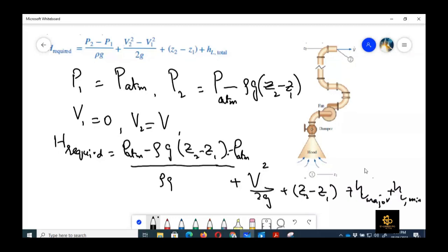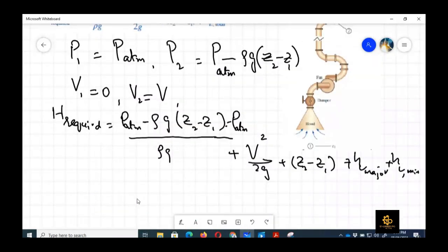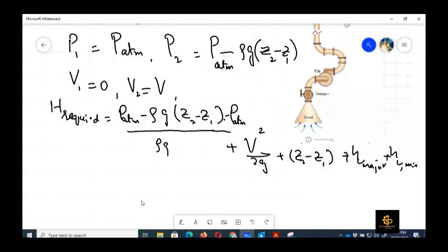HL major is f L over D times V squared over 2g, and HL minor as we discussed in chapter number 8. You can see that all that calculation or analysis is going to be used here. So if we do the cancellation, P atmospheric would cancel with this, rho g would cancel out with this, and minus (Z2 minus Z1) would cancel out with plus Z2 minus Z1.